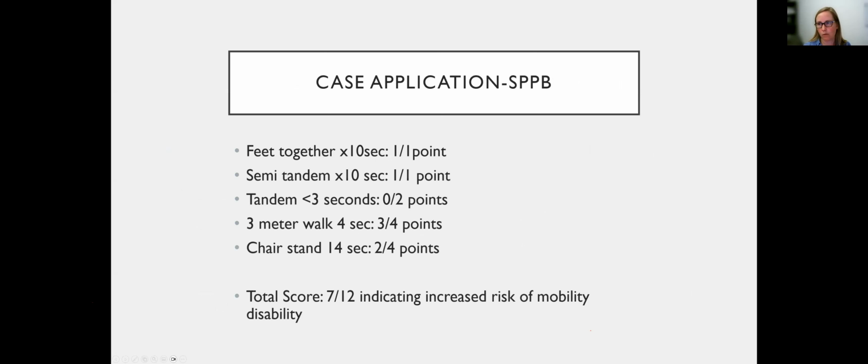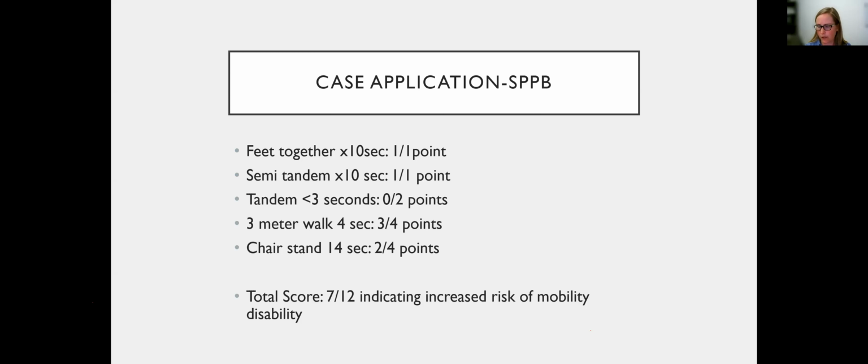We might find with our assessment, with the diabetes, maybe he has a little bit of neuropathy as well. On the 3-meter walk, he took a little bit longer, so he only gets 3 out of 4 points. And then the chair stand, standing up and sitting down to look at lower extremity strength, he only gets 2 out of 4 points.